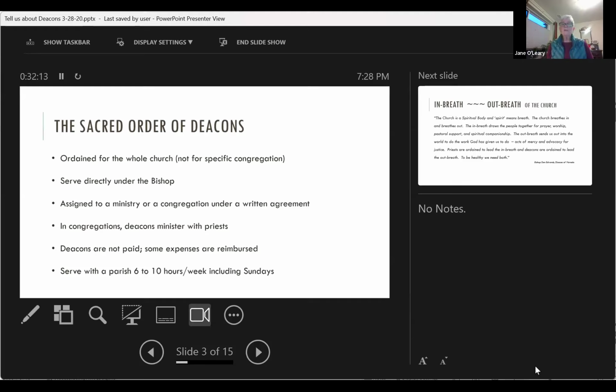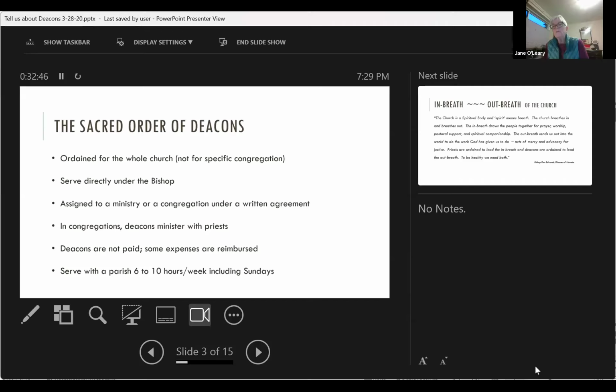And in a congregation, deacons minister with priests. And what would you say, Vaughn? Would you say that you report to the priest? No, I wouldn't say that it's a reporting. At least it shouldn't be. It's more that the priest is there in a supervisory role, and you work together.